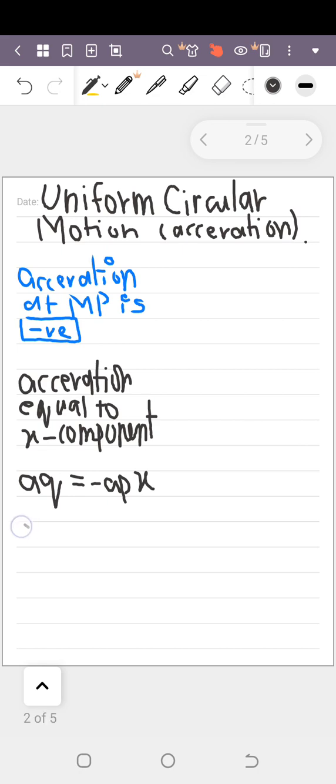Okay, aq will be minus ap cos theta. I told you the x component is equal to cos theta.